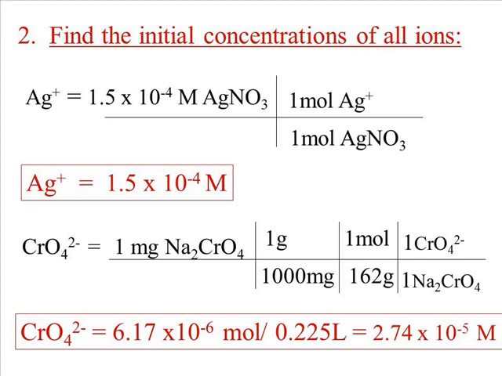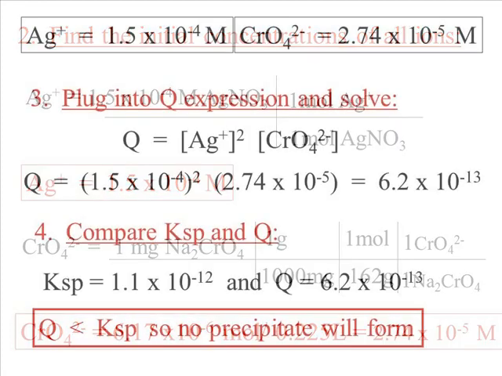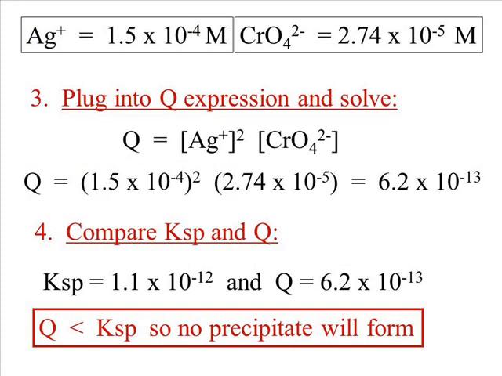To find the chromate ion, we've got to turn milligrams to grams to moles, and finally to moles per liter. And then put the molarities into the Ksp expression and solve. Q in this problem is less than Ksp, so no precipitate will form.